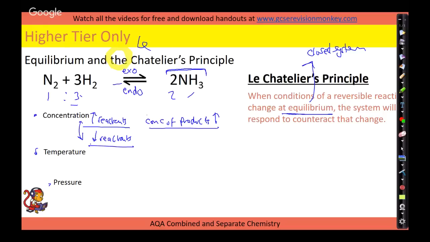So temperature favours the endothermic reaction. Because this needs heat to break it down, you need to take in heat to break this molecule down. So if you add more heat, if you increase the temperature, you will favour the endothermic reaction, and therefore this will break down and produce more reactants.